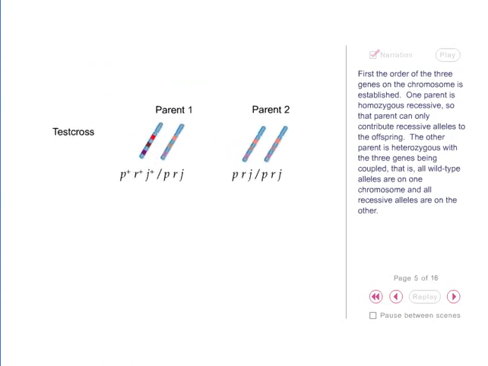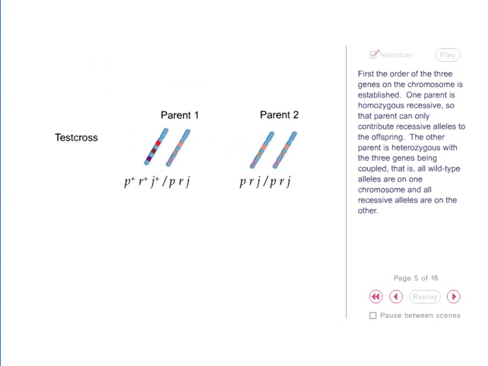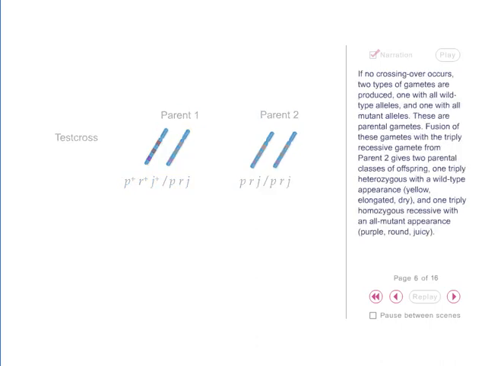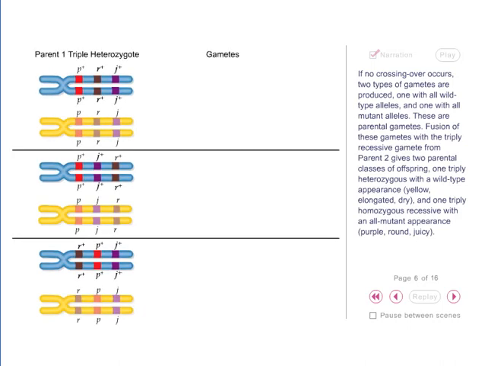First, the order of the 3 genes on the chromosome is established. One parent is homozygous recessive, so that parent can only contribute recessive alleles to the offspring. The other parent is heterozygous, with the 3 genes being coupled. That is, all wild-type alleles are on one chromosome and all recessive alleles are on the other. If no crossing over occurs, 2 types of gametes are produced, one with all wild-type alleles and one with all mutant alleles.